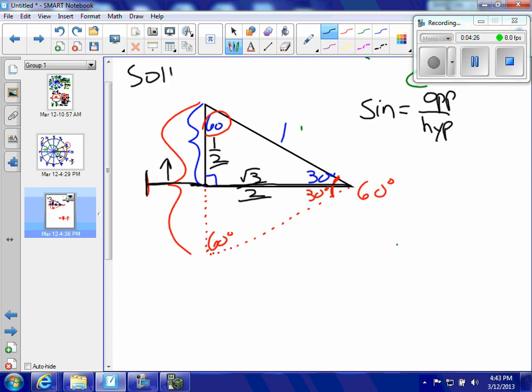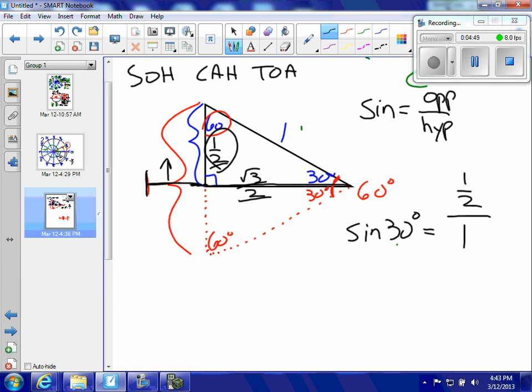So, sine is equal to opposite over hypotenuse. Well, if I take sine 30 degrees, that's equal to 1/2 my side opposite over my hypotenuse is 1. So sine 30 degrees is equal to 1/2.